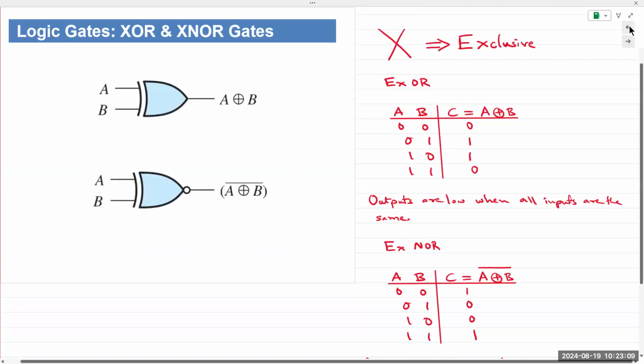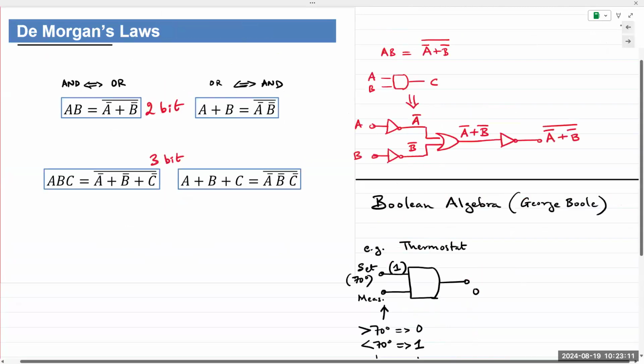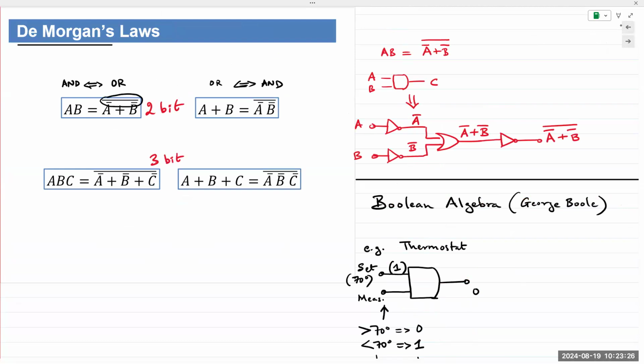Oh, one more point. Actually, this is kind of important. So we are translating from AND to OR and OR to AND, vice versa, right? We can do so. The most important thing is right up here. You have to invert the inputs. Okay, invert the inputs.